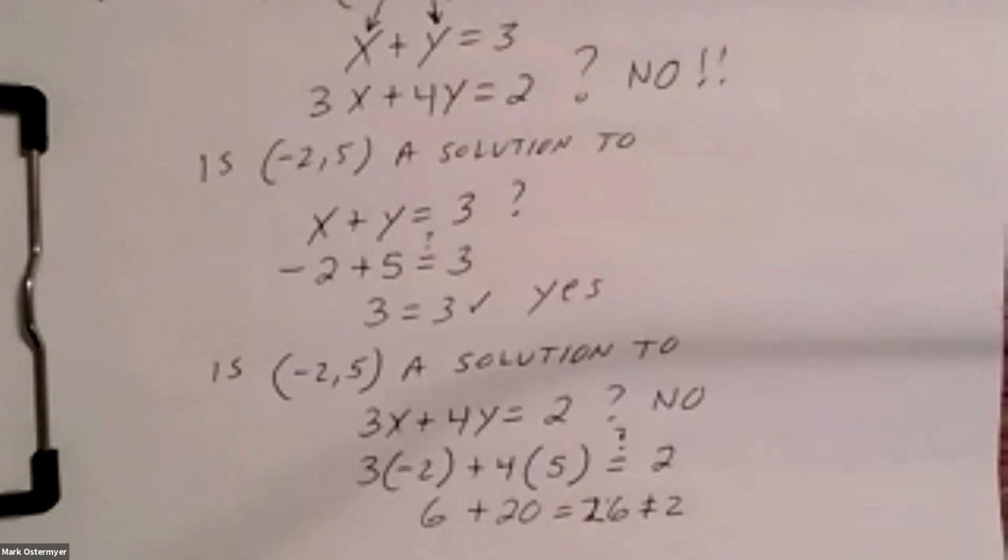So (-2, 5) fails to be a solution to this system because it is not a solution to the second equation. It has to be a solution to both equations in order for it to be a solution.